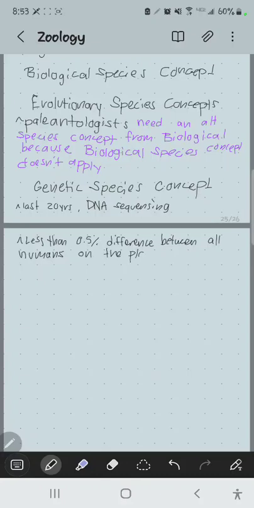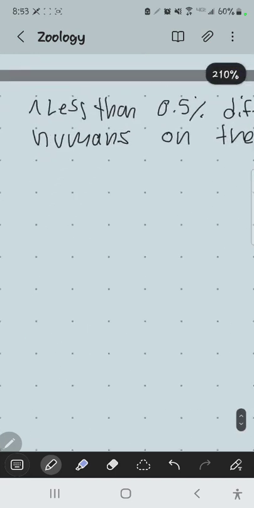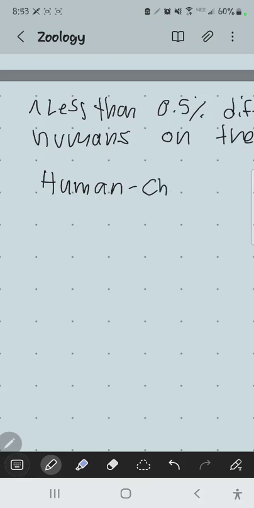Then when they looked at human versus chimpanzee, presumably the closest primate to human ancestry, there is approximately a 2% DNA difference.